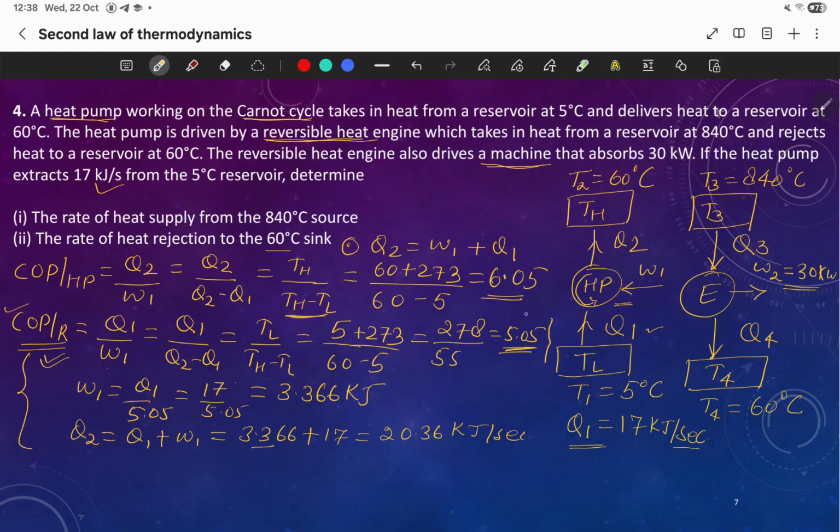So from the COP of heat pump and refrigerator, you can see if we add 1 to the coefficient of performance for refrigerator, we will get this value. And from here we calculated the W1 value, and from here we calculated the Q2 value. So this is the Q2 value for this relation for heat pump.